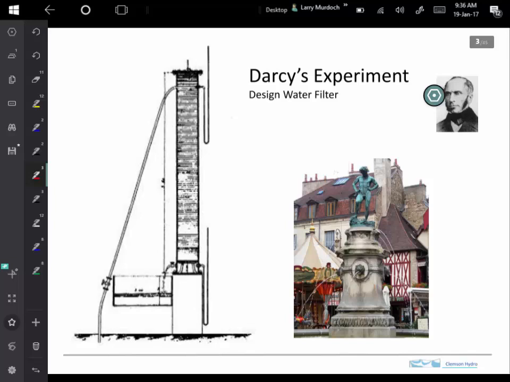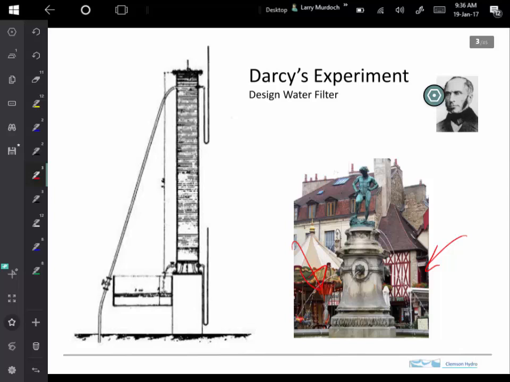So the towns, this was done in France, so the towns in Europe at the time would have these fountains in the town square, and here's an example of one, and this is kind of ornamental with these spouts of water coming out like that, but they served a practical purpose because this is where people would go to get their water.